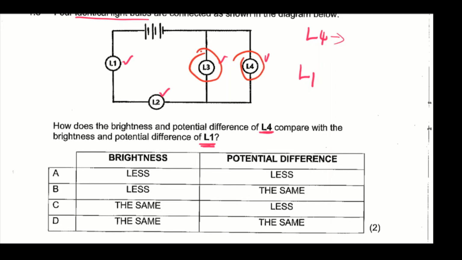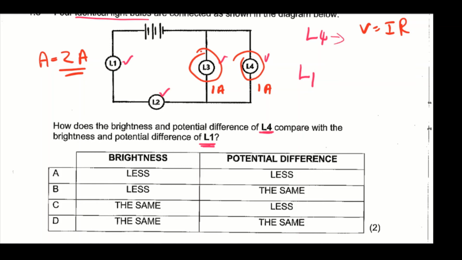So these are parallel. So the fact that they are parallel, it means now if you write your V is equals to IR, the current is distributed equally, right? So if maybe we have a current of 2 amperes, then 1 ampere is going to go to this one, 1 ampere is going to go to this one. So current is distributed in each, right?